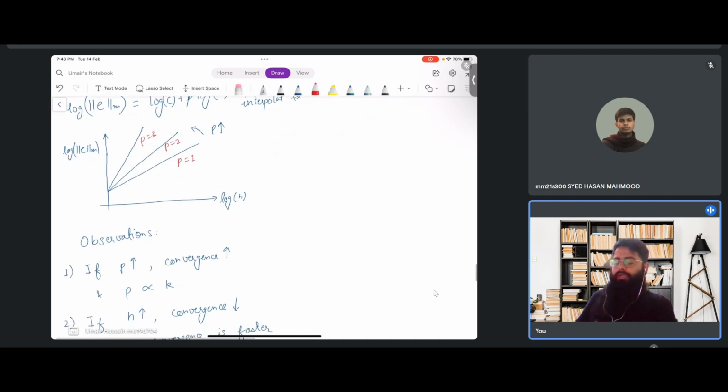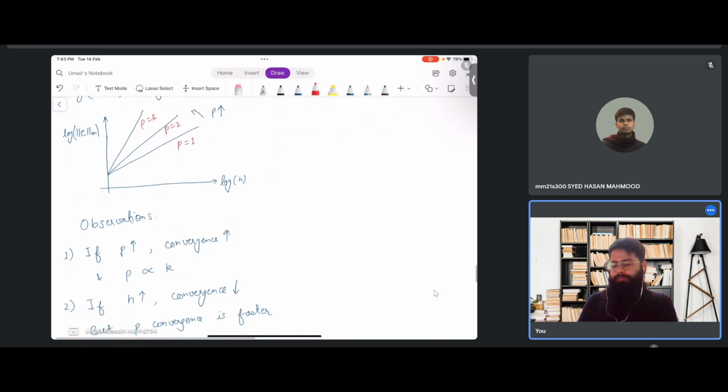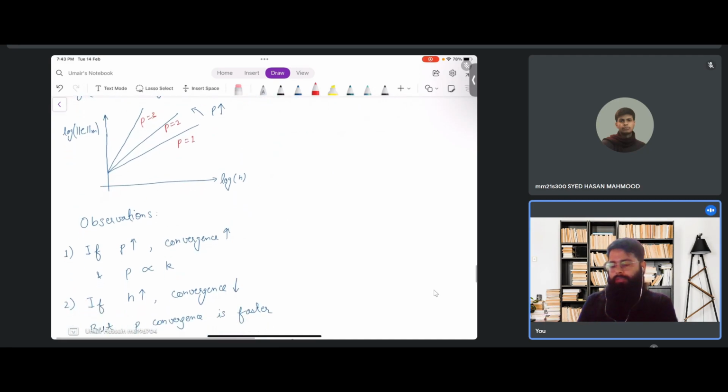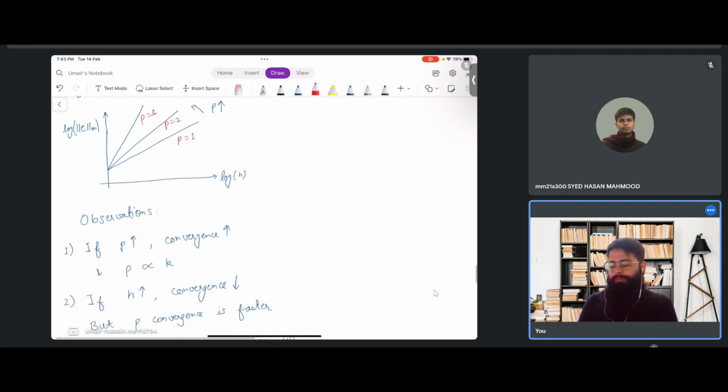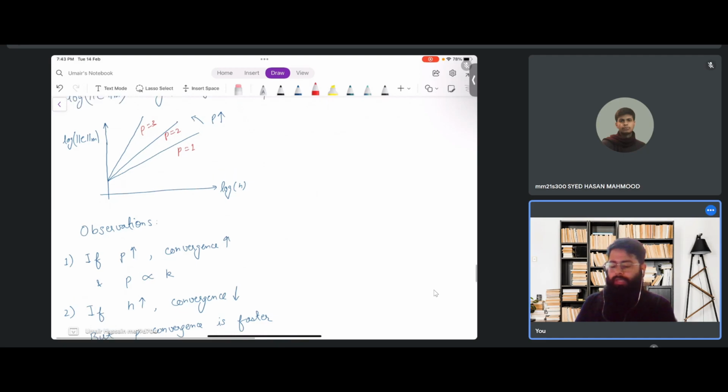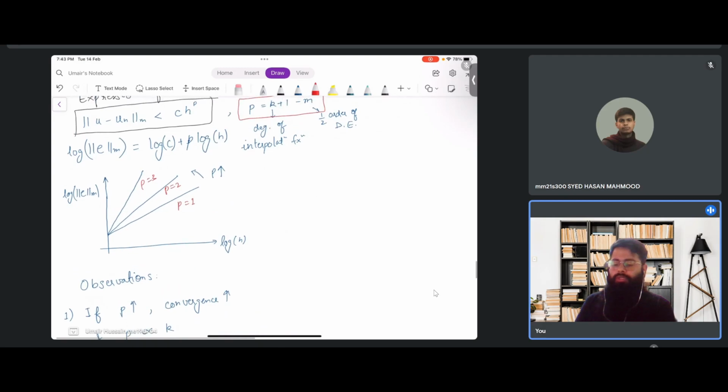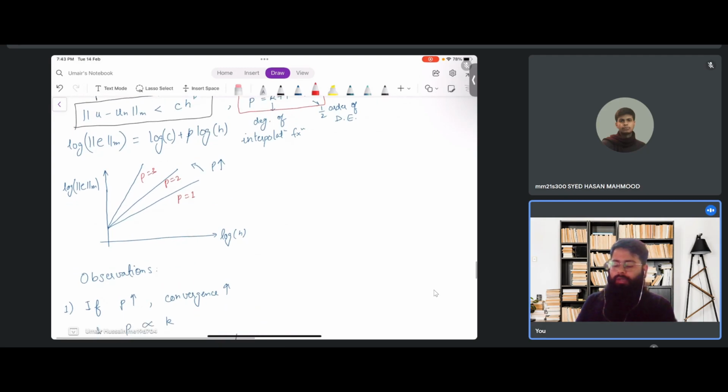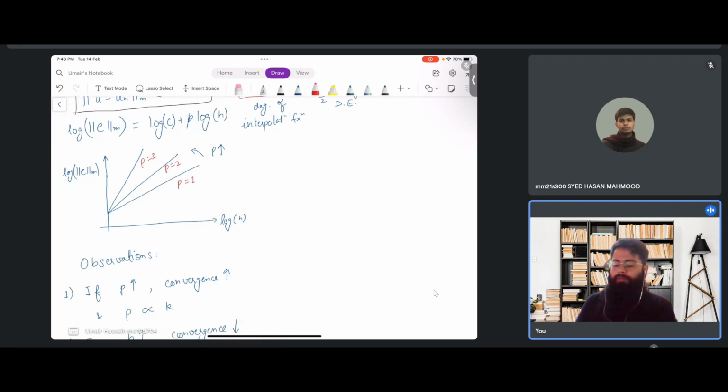So we get a couple of observations from this graph here. First of all, if p is increasing, our convergence increases, right? And of course, p is proportional to k. The higher the degree of interpolation function we use, the earlier, faster convergence we get.